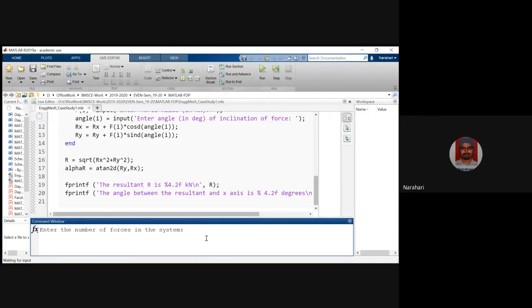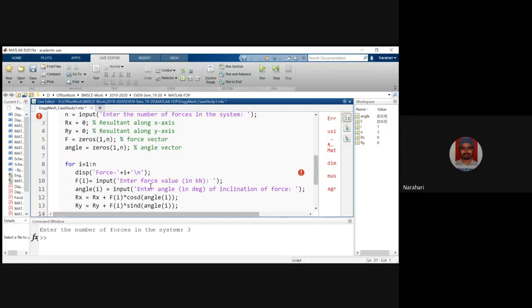Okay, it has come here. Enter the number of forces. We will enter 3. Then see, it encountered some error. That error is probably here. As I told you, this is not working. So I'll comment out this line. I just did it at runtime, so I'm not sure it would work. I'll rerun this code.